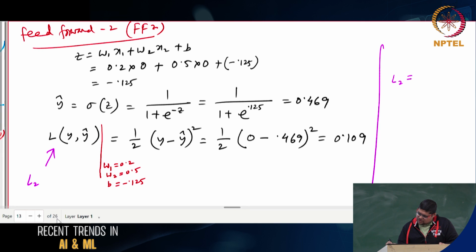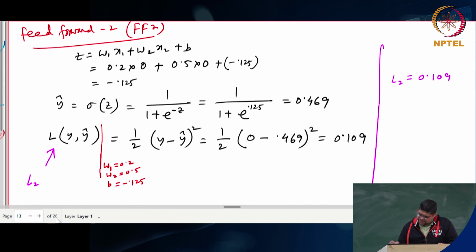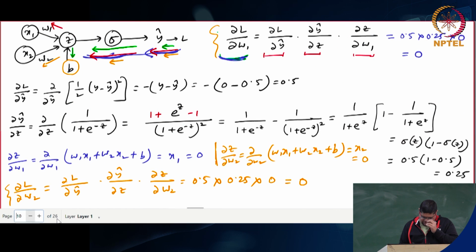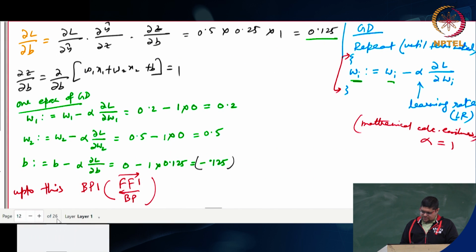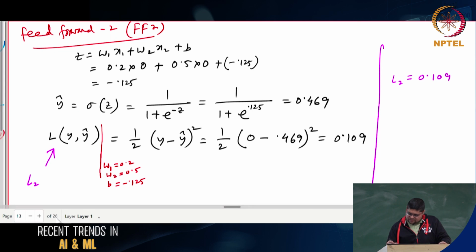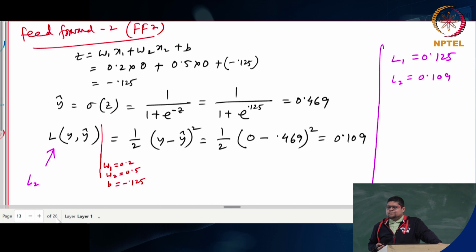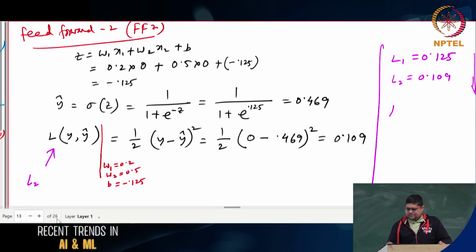So L2 I am getting 0.109, and earlier, denoting it as L1, L1 was 0.125. Is there any observation from your end? What was our objective? To minimize the loss. So after this, you can see this loss is decreasing, right?